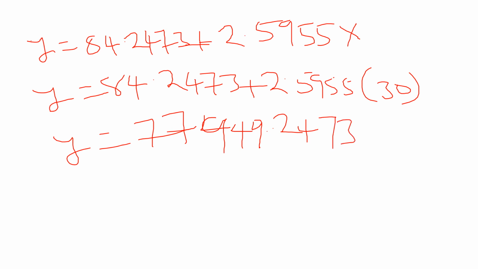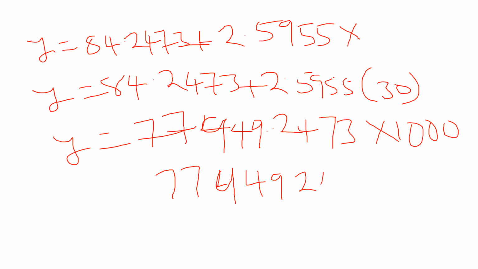And remember, we were given in our table the cost in thousands, so we need to multiply the final answer by 1,000, so we move our decimal place 3 places: 1, 2, 3. So at the end of the day, we are going to have 77,949,247.3.